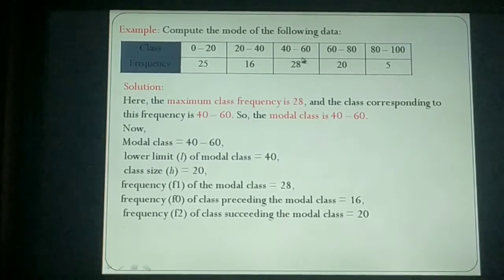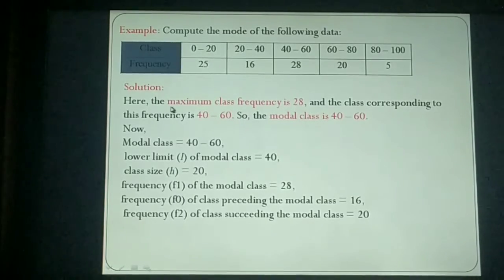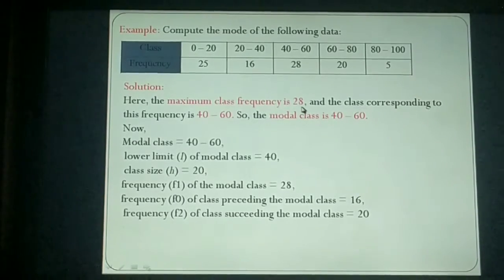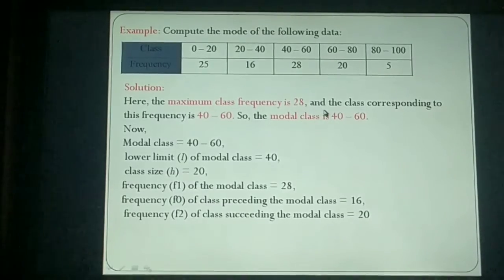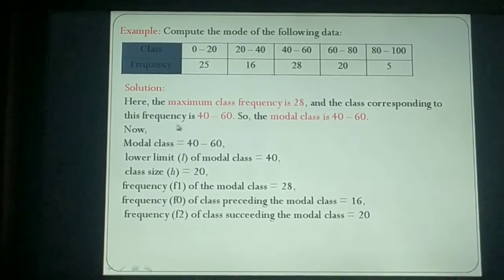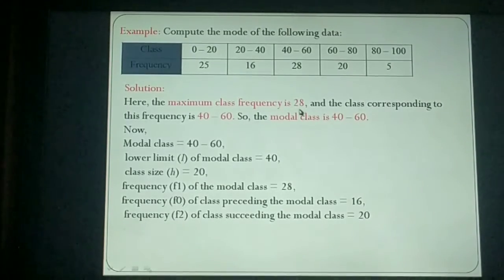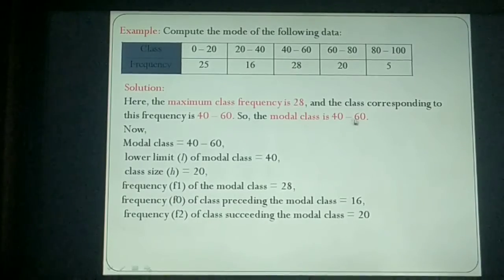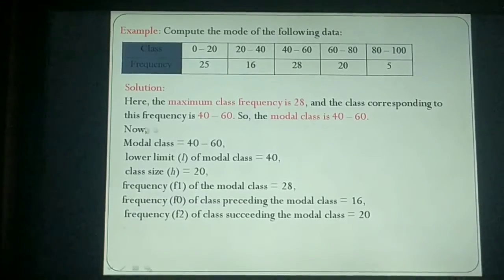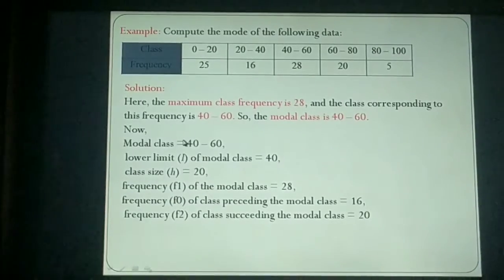So 28 is the highest frequency given in the data, and the class corresponding to it is 40 to 60. So the modal class is 40 to 60.